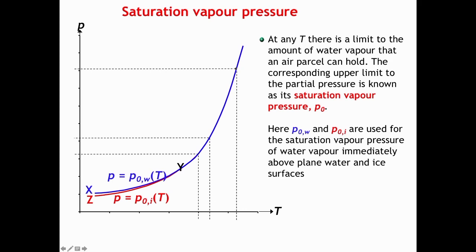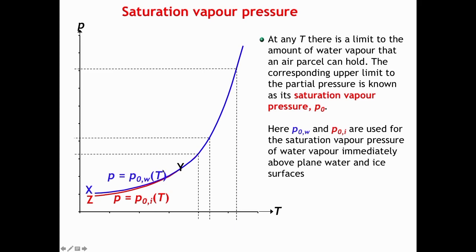So 20% of this line, somewhere down here, at the equator, at this temperature, is higher than 20% in the Arctic here. So this line is the 100% line. This is the limiting line for how much you can hold at equilibrium in the atmosphere. And that's the saturation vapor pressure.